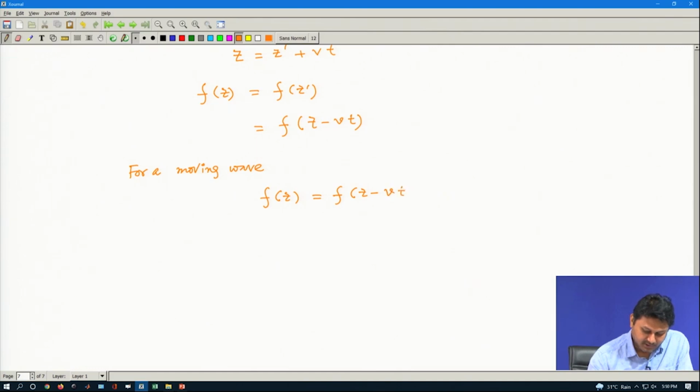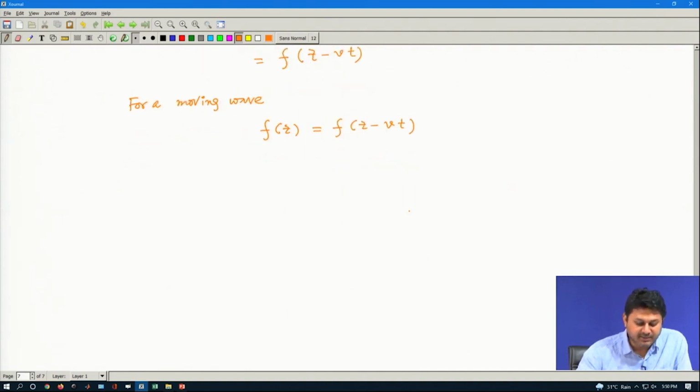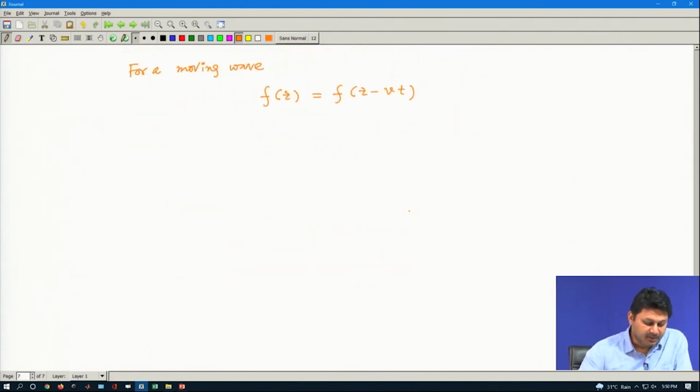The z coordinate and t coordinate can be written together in z minus v t form, and that tells me that the wave is moving. That is a sort of indication.